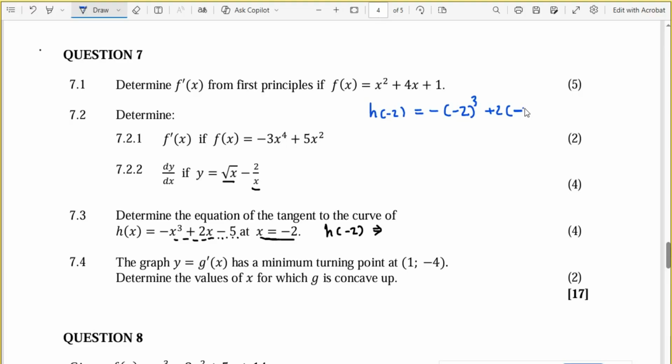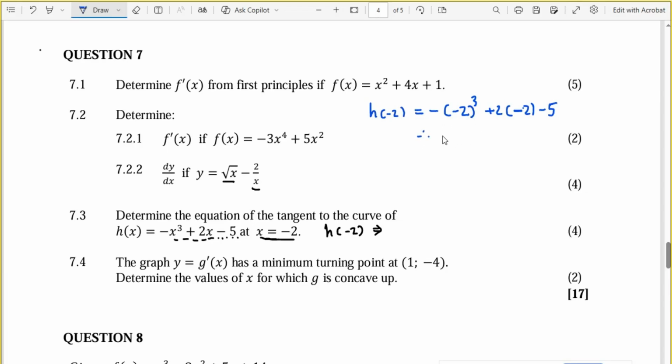I'm saying on h, where there's x, you put minus 2. I'm very sorry, I was lost. Like, where is h? No, I'm sorry. This will be h at minus 2. So meaning that where there's x, we put minus 2. Okay, sir. Thank you.